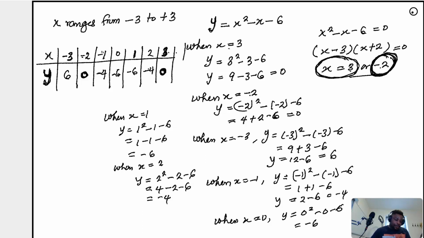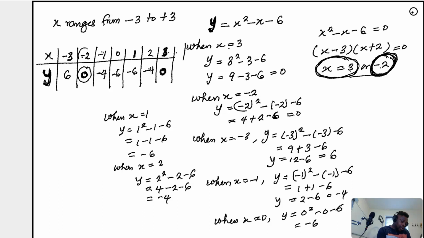But remember that the root of a function is gotten when the value of that function is equal to 0. You can see my function is y here. So the root of the function will be the point where the value of y is equal to 0. And the value of y is equal to 0 here.